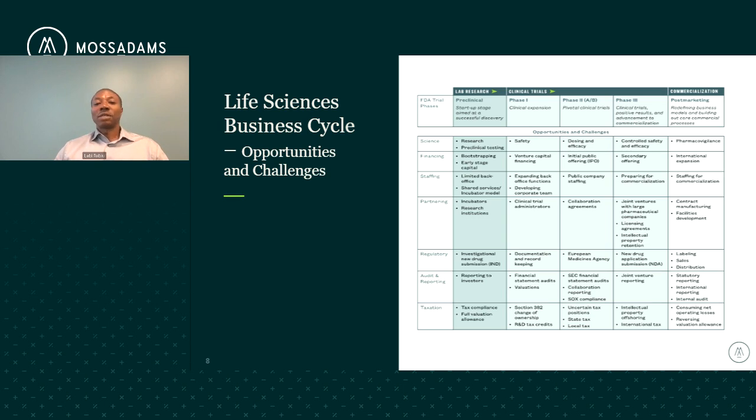We have highlighted some of the key opportunities and challenges in each of these areas on this slide. And I'm not going to go into details of all of this because we'll be sharing this. But suffice to say, how well an organization navigates these opportunities and challenges will ultimately determine its success and growth trajectory.